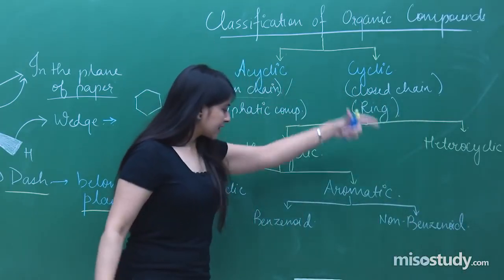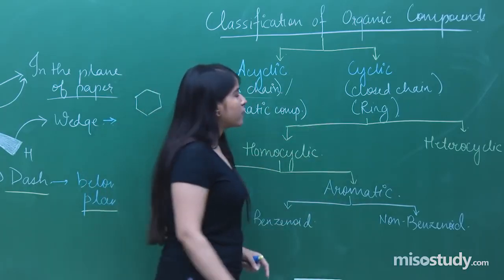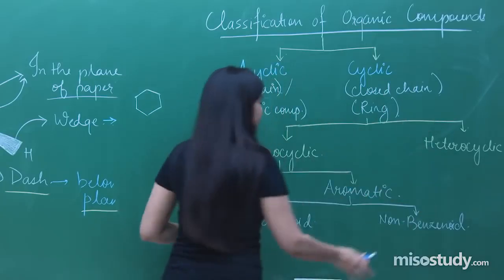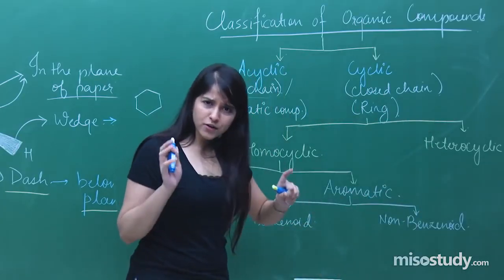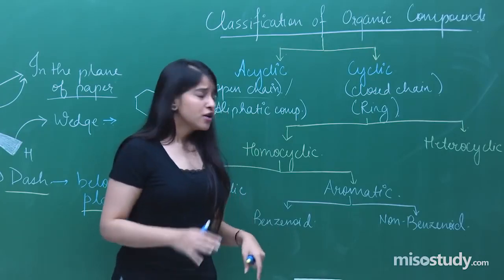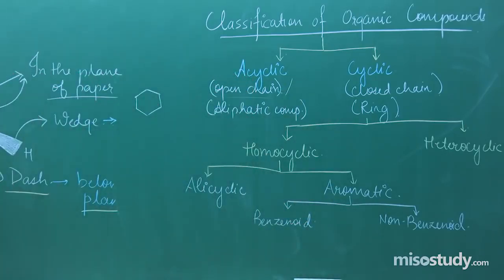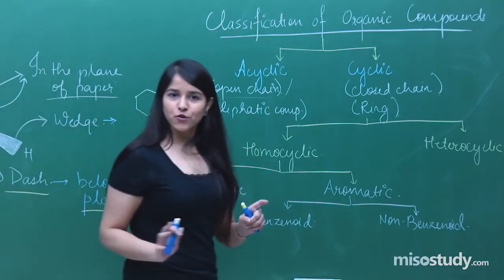So that is the entire classification of organic compounds. I hope everybody has got a slight idea about it. We are going to discuss each one of them separately, but before that, just try to note this down. I hope everybody has noted this down.